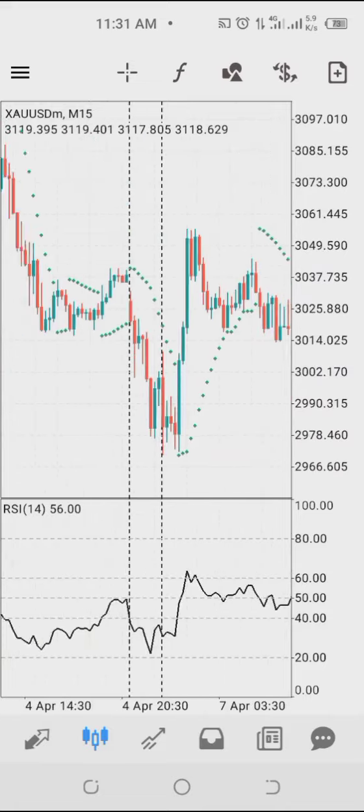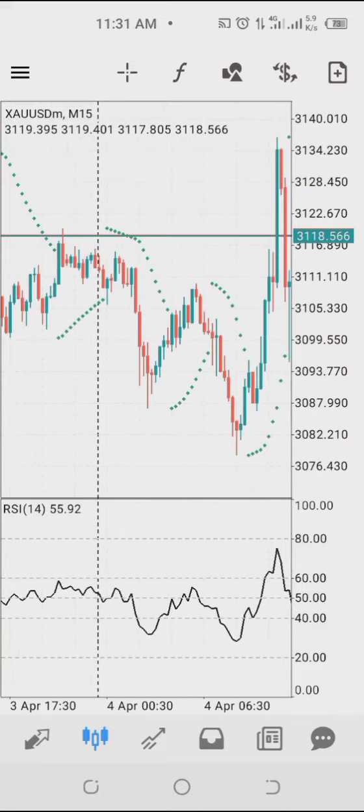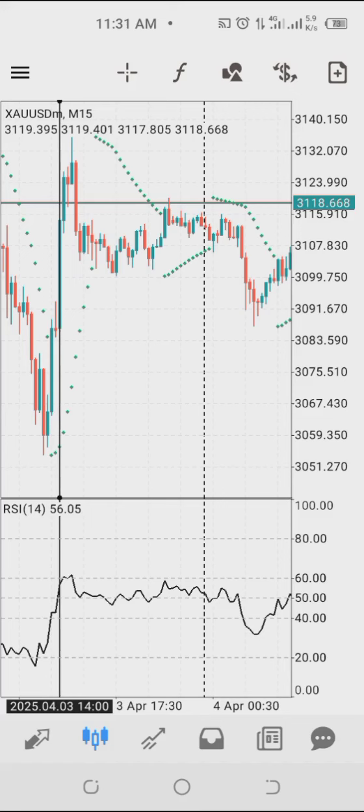Please, gold is a very volatile pair, so I would advise you don't take your entries using D1, H4 and H1. I would advise you concentrate more on H4, H1 and M15, or H1, M15 and M5. Those are the only two time frame sets that I would advise you to make use of.